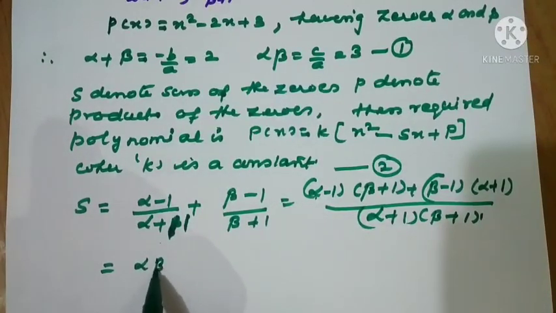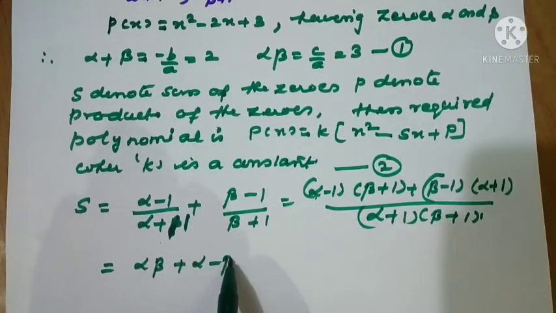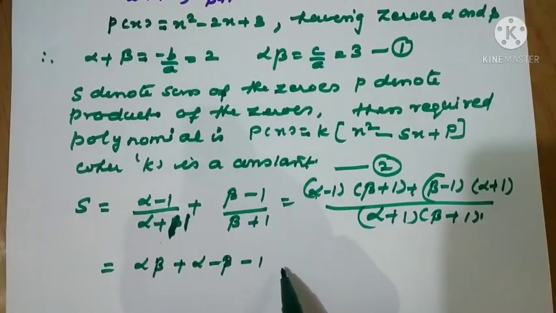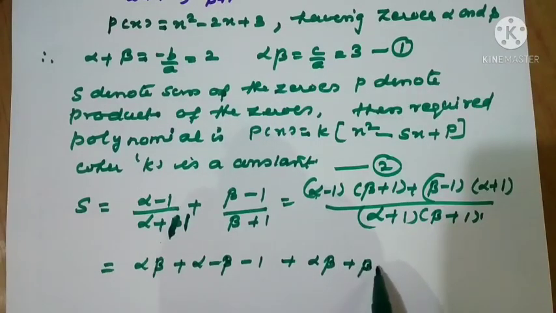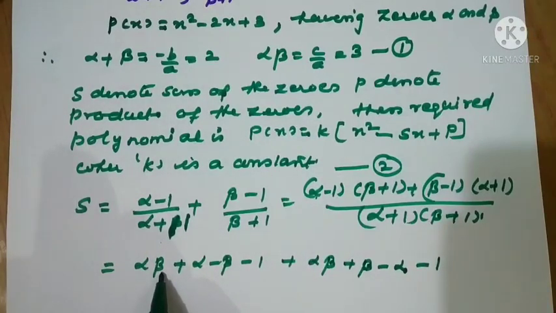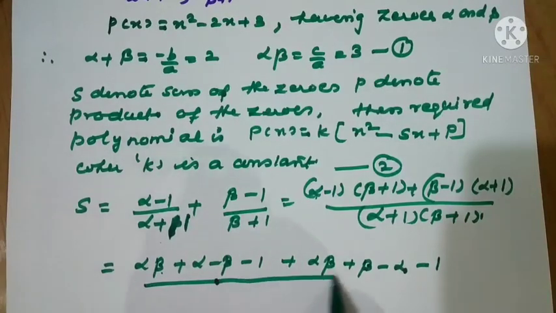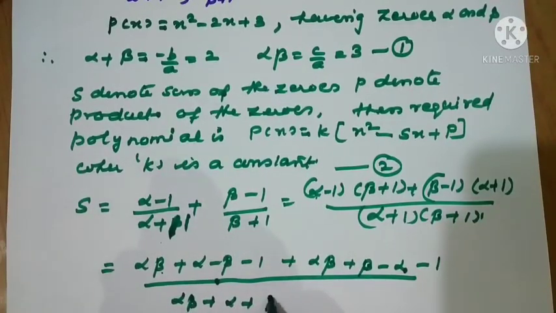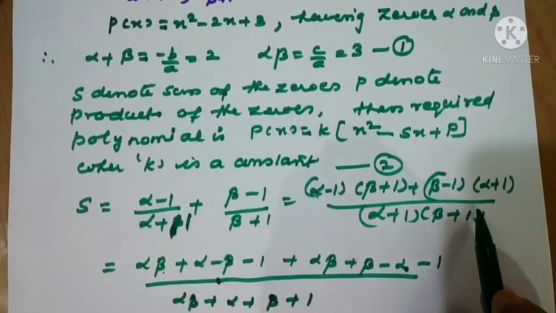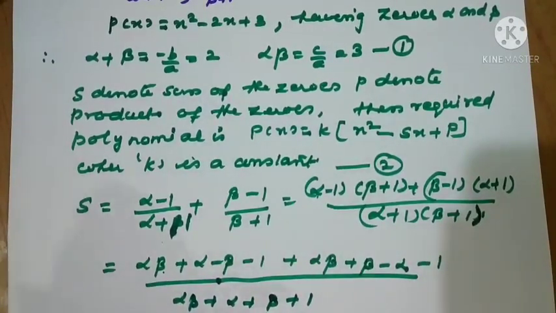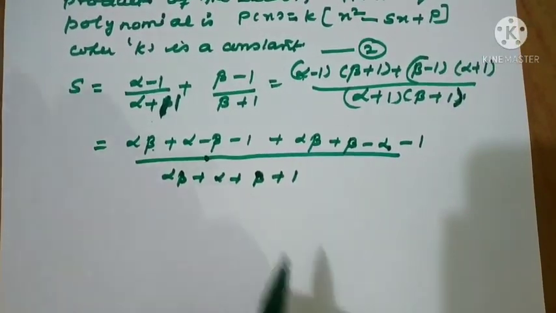Alpha beta plus alpha minus beta minus 1 plus alpha beta plus beta minus alpha minus 1 only. The denominator we are not expanding, the denominator is just the product: alpha beta plus alpha plus beta plus 1. Now we should simplify the numerator.